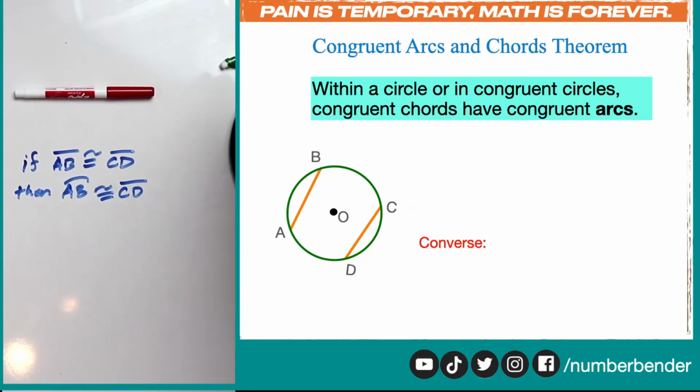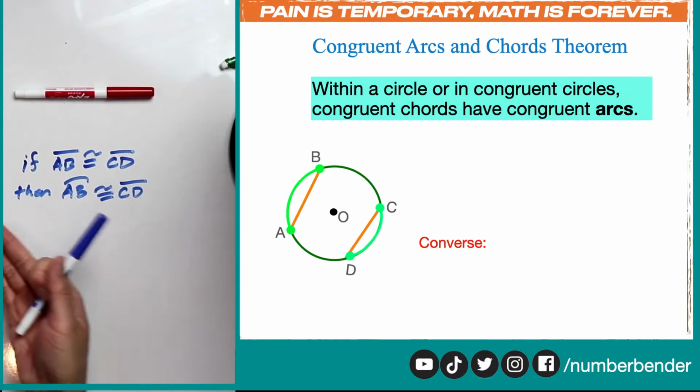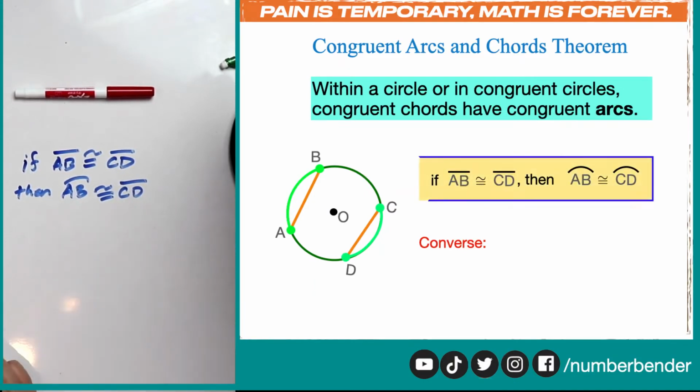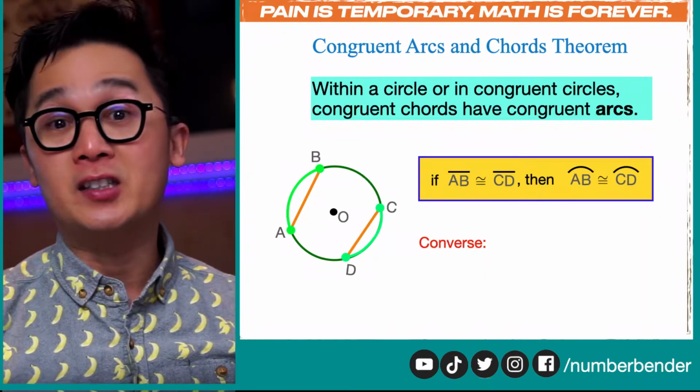So this is how we write this theorem according to its congruent chords and congruent arcs. And as I've mentioned, it's a must that we learn how to write our theorem using our symbol, because this is a good practice on how we develop our proving skills in geometry.